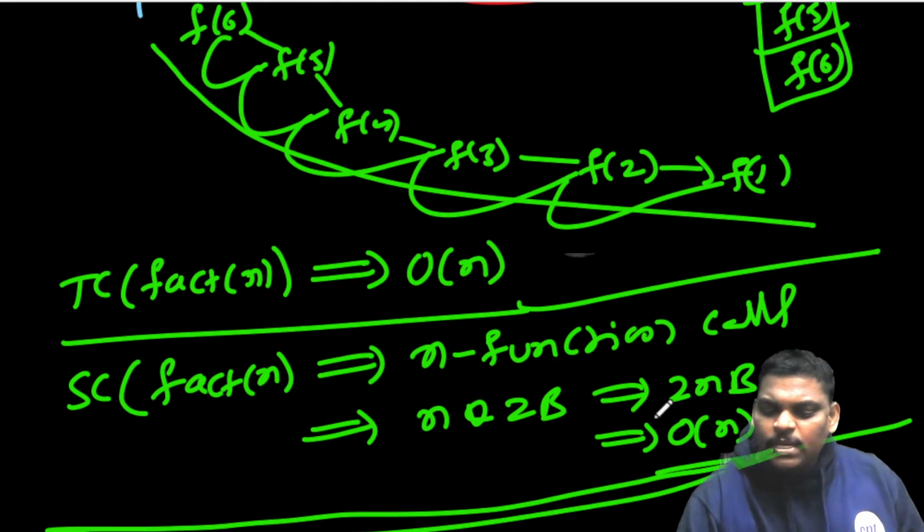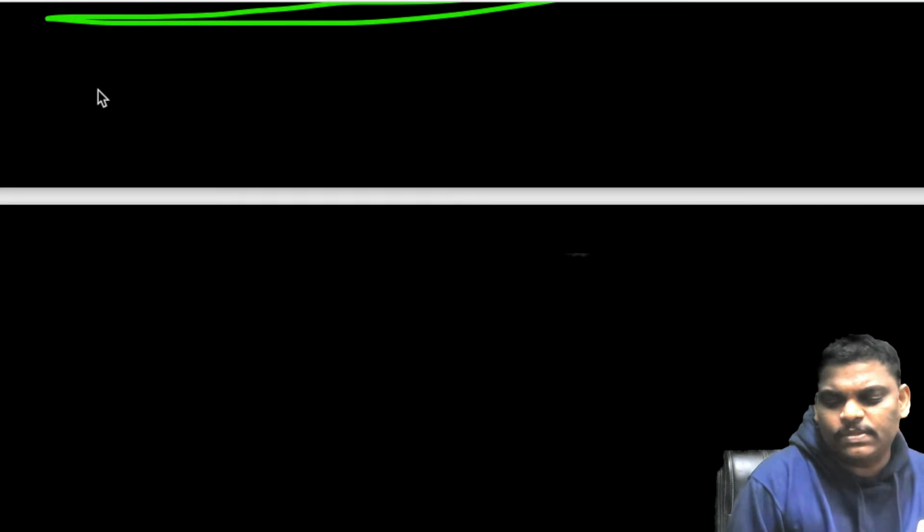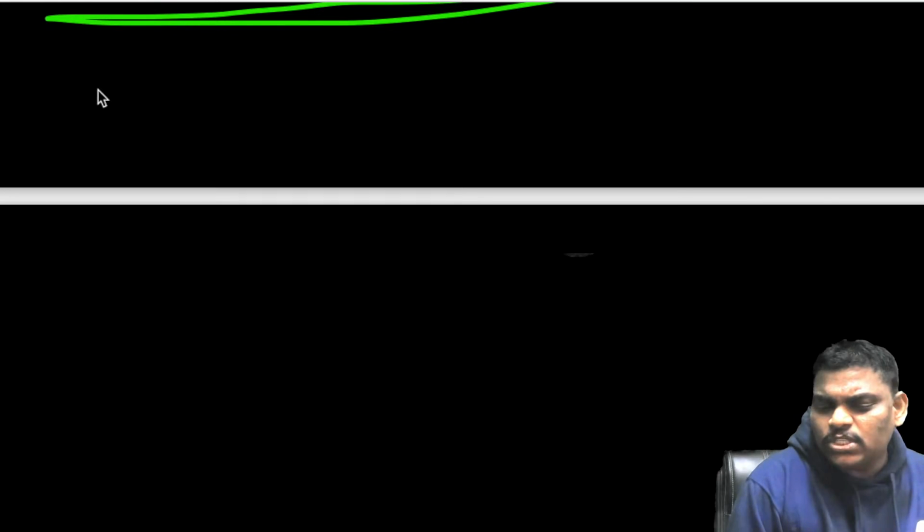Now again I'm telling you, space complexity is going to be interesting for recursive programs. For a non-recursive program, because of only one function call, it is constant space: one function call, one variable, 2 bytes.